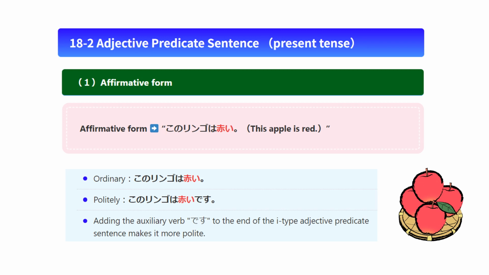Next, let's study adjective predicate sentences made using I-type adjectives. First, we will study the present tense. If you want to say, this apple is red, in Japanese, how do you say it?